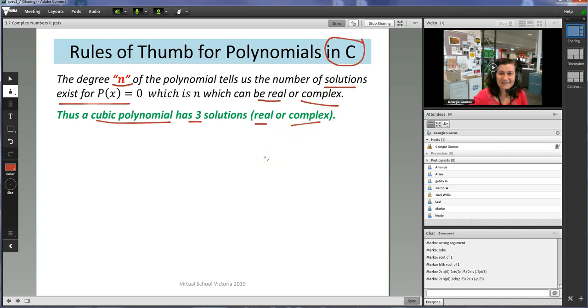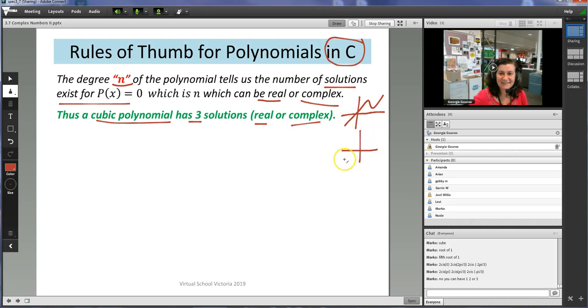When you're solving in the real domain, how many can you have? Do you always have 3 solutions for a cubic polynomial? You've got your cubic polynomial, it can look like that. That's one real solution.